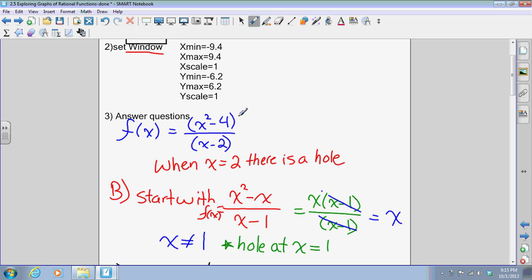Because if you take this numerator, ladies and gentlemen, and you factor it out, you're going to have x plus 2 times x minus 2, which I apologize. I'm going to see if I can try and do this. I'm trying to do this at home, folks, so please bear with me. I try my very best. It's hard to do this with a mouse. Okay, I'm going to go x plus 2, times x minus 2.